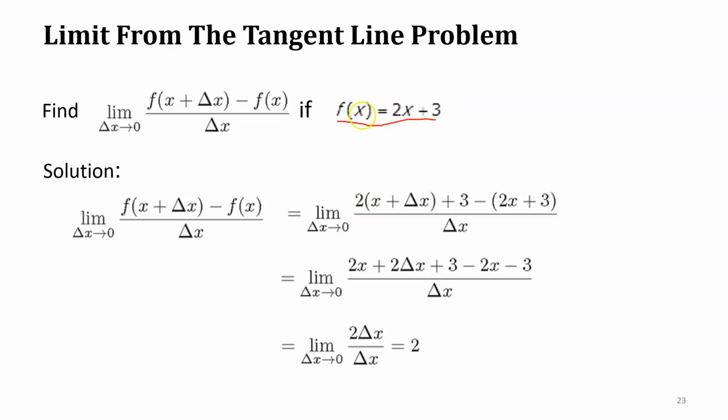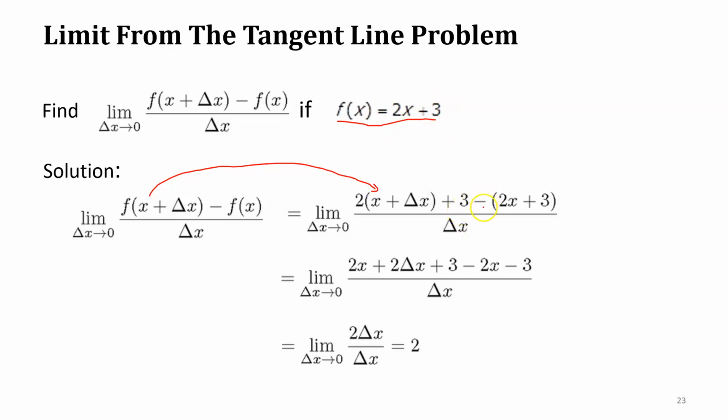Now you need to find x plus delta x. So it becomes 2 times x plus delta x. Plus 3. So plus 3, you don't have any x there, just write it back as plus 3.